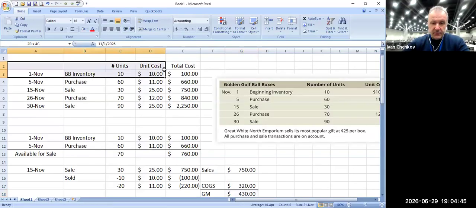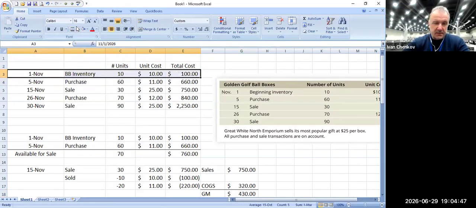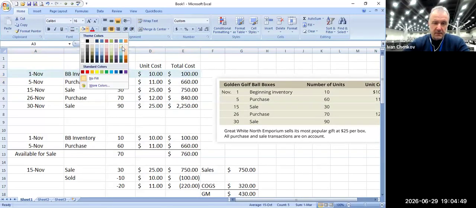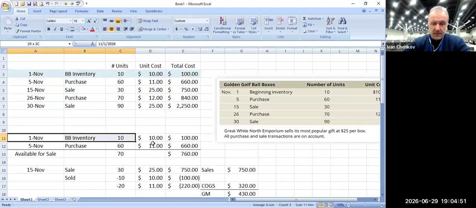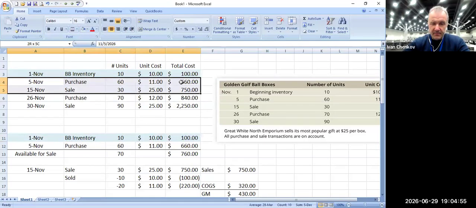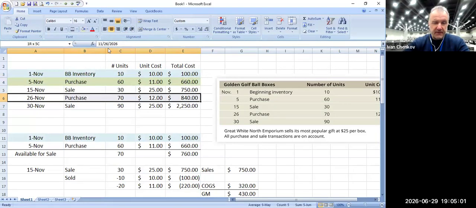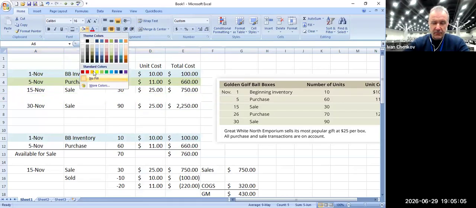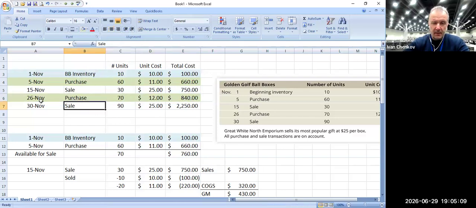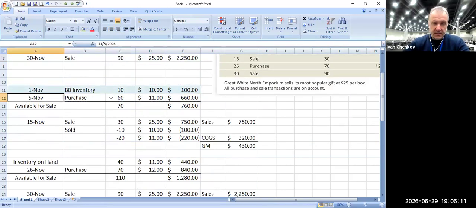Now again, what we have to do is get the beginning balance, identify the purchases and the purchases only, and identify the sales, and get the calculation. That's all we have to do. So that's our first purchase here.